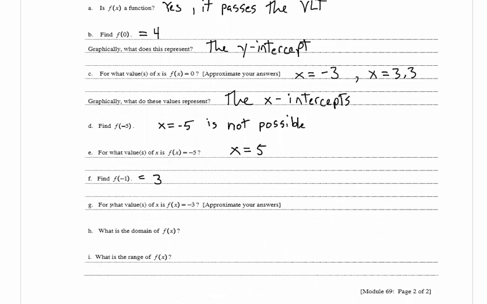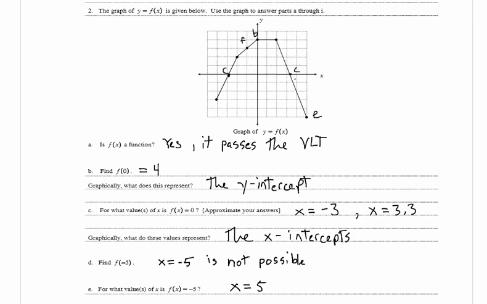In G, it says, for what value or values of x is f of x equal to -3? And it wants us to approximate our answer. So for f of x is equal to -3, we're going to go down 3 units, and we're going to go across horizontally and find that this is one value for x. So we're going to have g here, and we're also going to have g right here where we intersect.